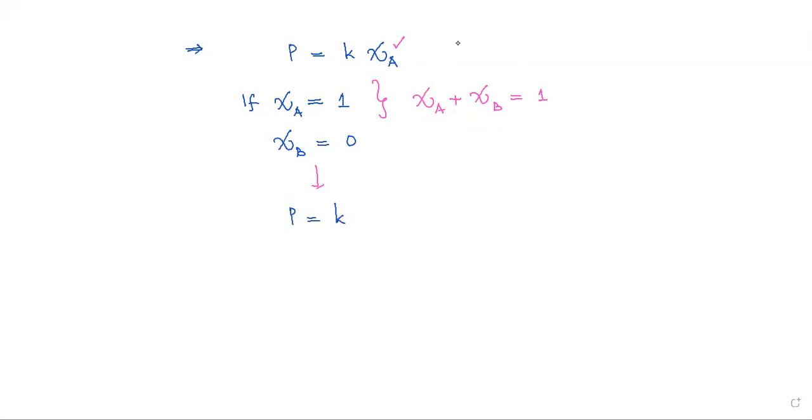Now under the same conditions, that is when XA is equal to 1 and when there is no solute at all, do we call it a solution? See, because there is no solute at all, we don't actually call it a solution. It is no longer a solution, right?